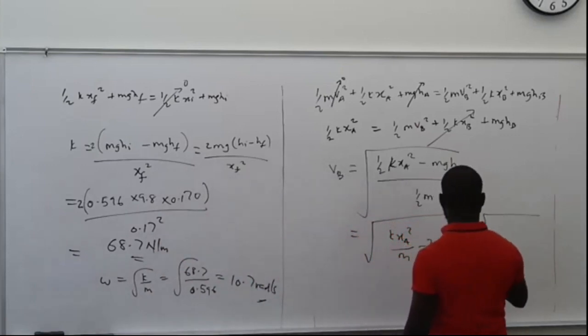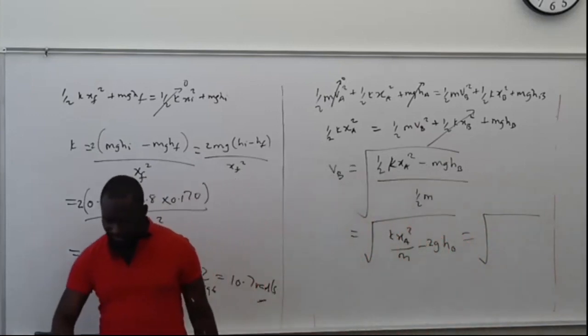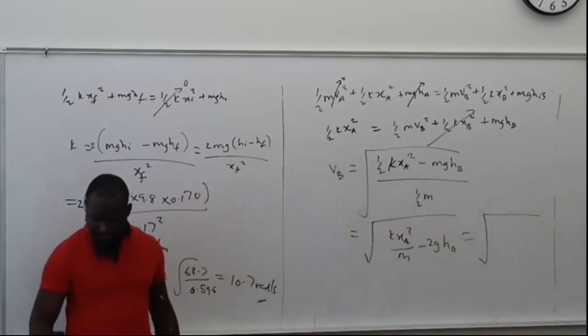Okay, so let's put the values there. It becomes the square root of the spring constant is given. I have to open the problem now. Let's share the problem now to see what's given here.